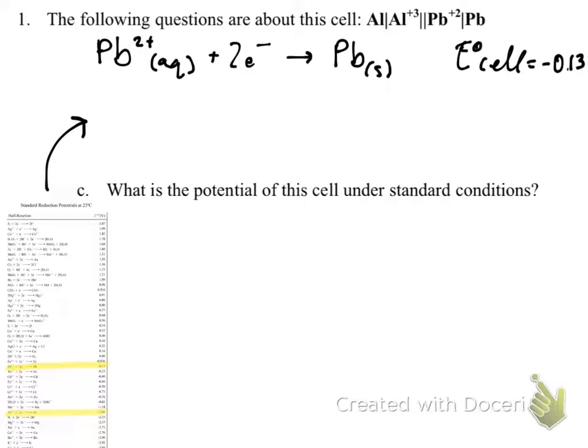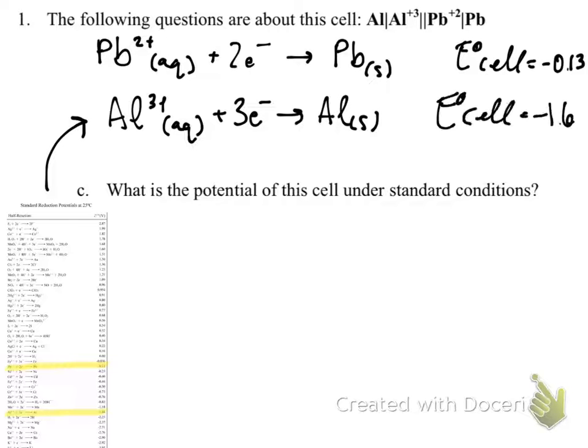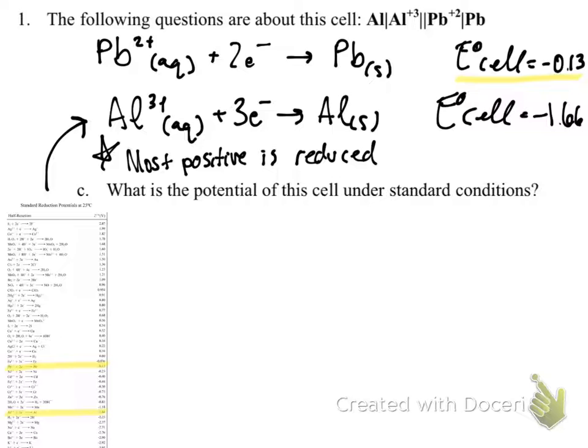And now, in this potential list, they give both parts to you in reduction format, but we know that aluminum is actually an oxidation reaction. And we don't only know this because we figured it out earlier, but we also know this because the most positive is going to be your reduction when you're dealing with these.